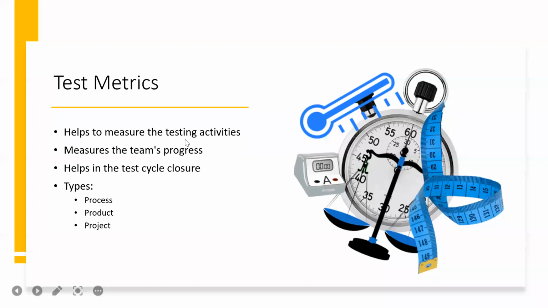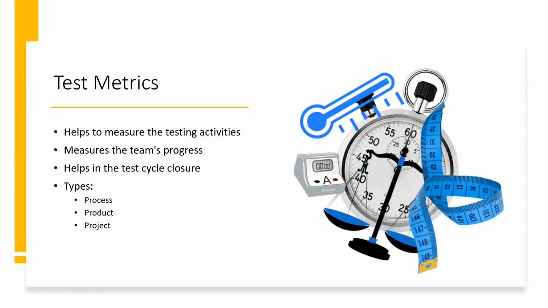So what is a test metric? As I said, every software will be having metrics. That metric will measure the testing activities. We'll be writing test cases, executing the test cases, raising bugs. We have so many things, right?